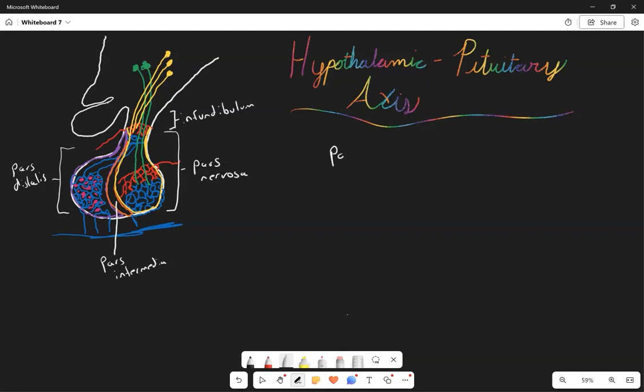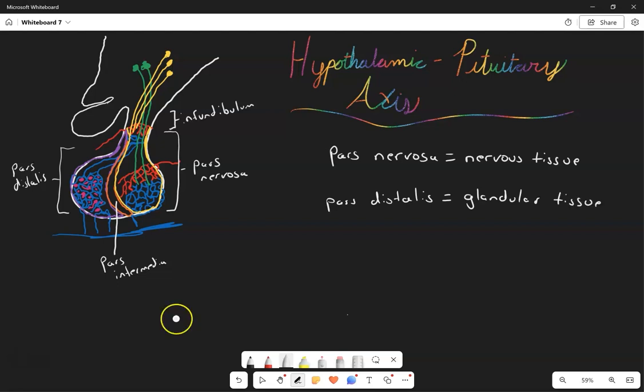So your pars nervosa is going to be nervous tissue. And your pars distalis is going to be glandular tissue. So morphologically or anatomically, these two different regions differ.